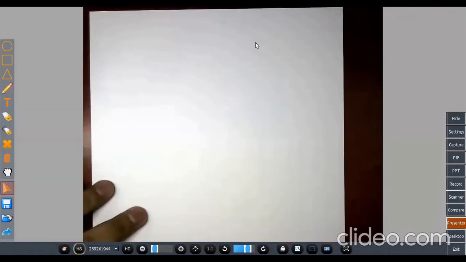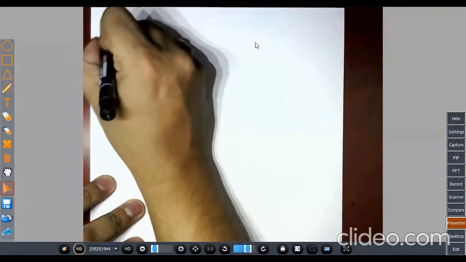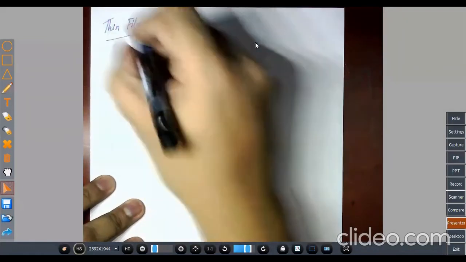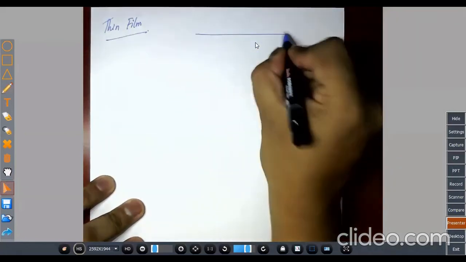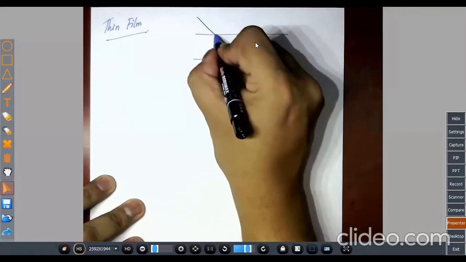Now we will revise our concept of thin film. What happened in thin films? A ray was incident.